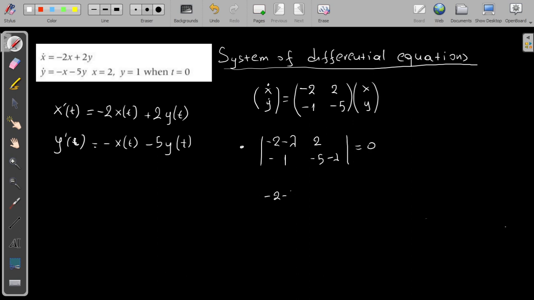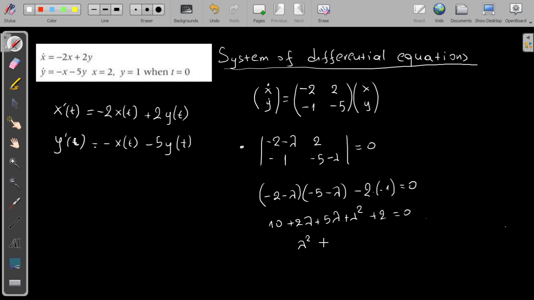So minus 2 minus lambda times minus 5 minus lambda minus 2 times minus 1 should be 0. 10 plus 2 lambda plus 5 lambda plus lambda square plus 2 should be 0.